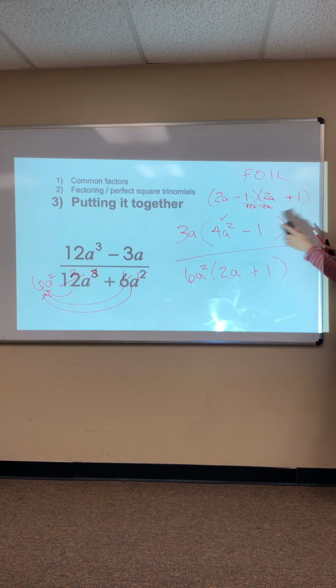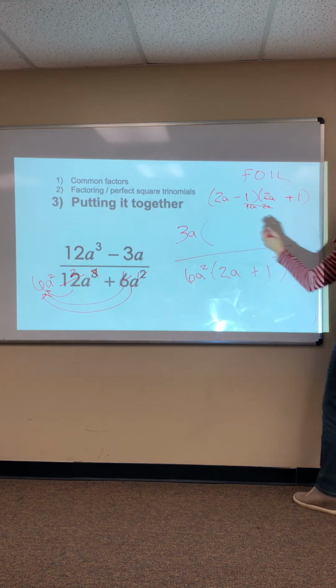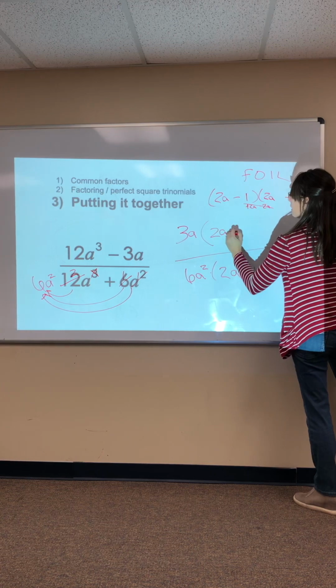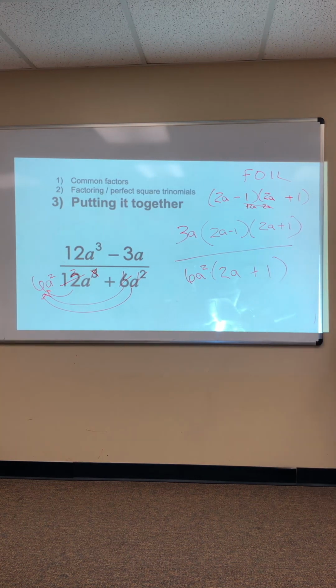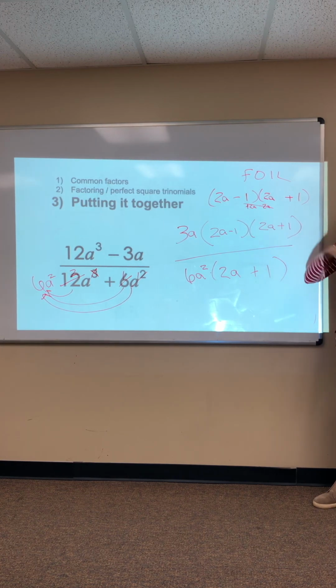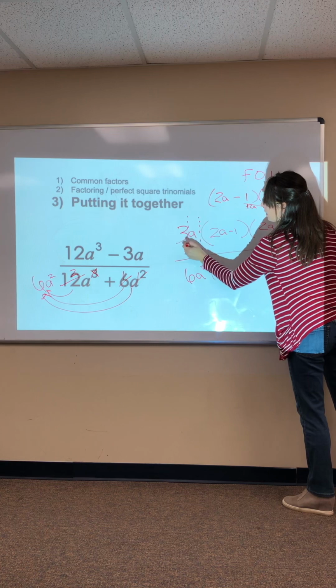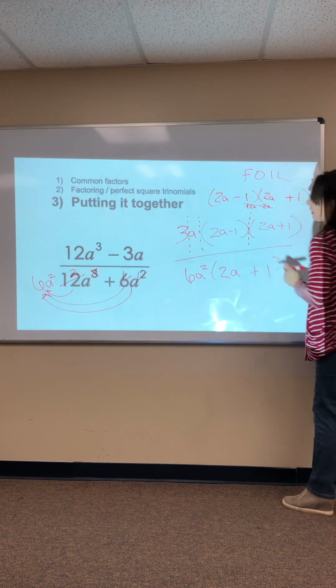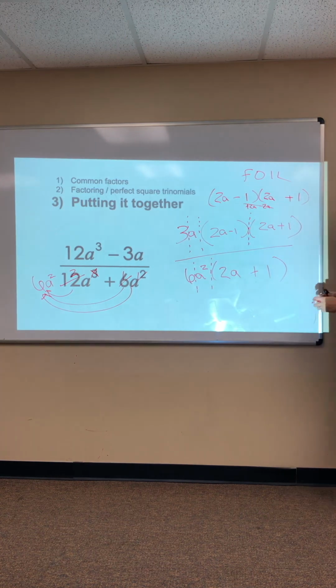So now, instead of having 4A squared minus 1, we are replacing it with 2A minus 1 and 2A plus 1. Now, we've gotten our exponents down to 1, so there's nothing else that we can break apart with factoring. We have multiplication everywhere. We have our dotted line, right? So what are the sections that we can cancel out?